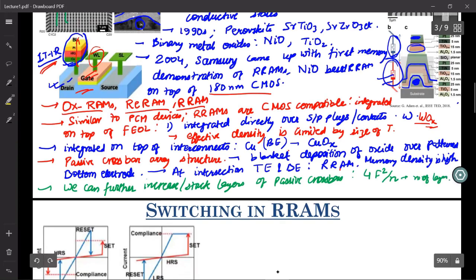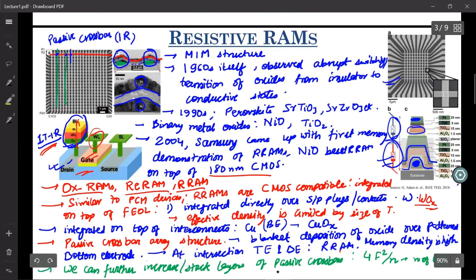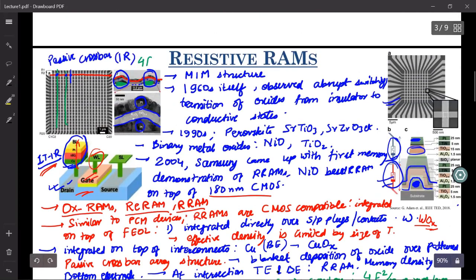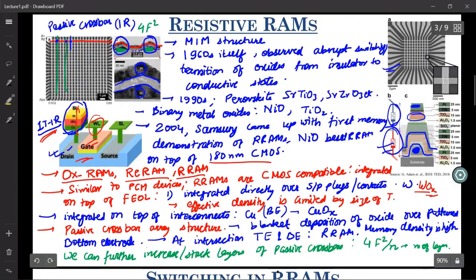So 4F² is the passive crossbar size. The size of one cell in a passive crossbar is 4F², and the size of one cell in 1T1R is close to 6F². So it can be reduced further to 4F² by n if we integrate it in a 3D fashion. This kind of integration was already shown by my group, and they have successfully programmed and erased both of those layers. So this kind of 3D integration is also possible in RRAM devices.